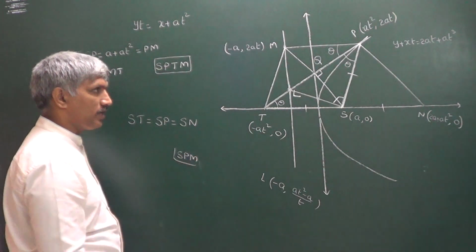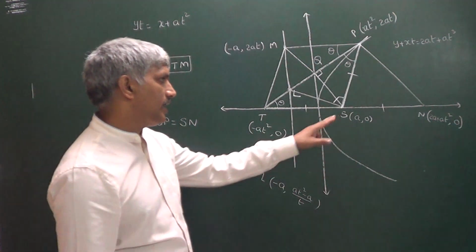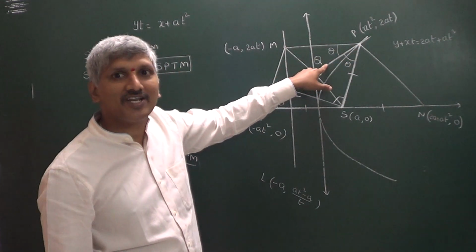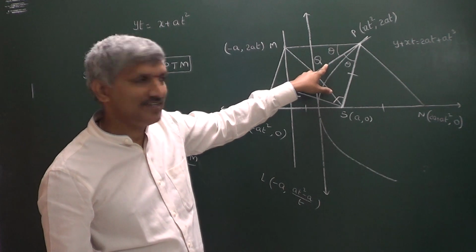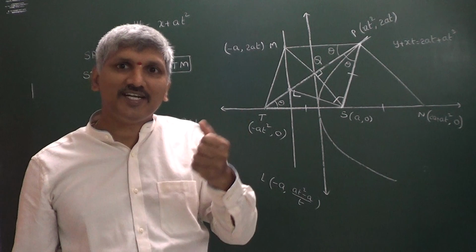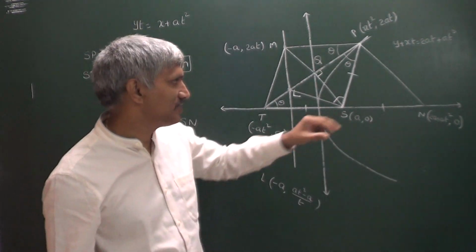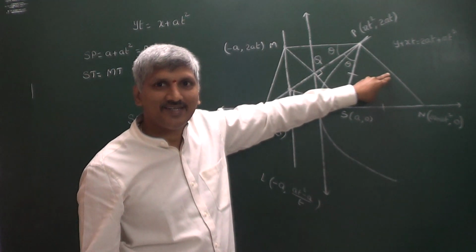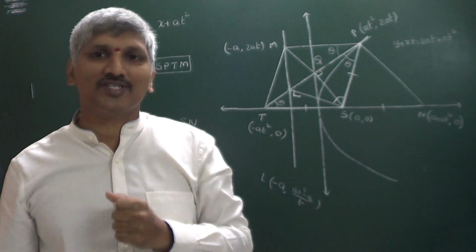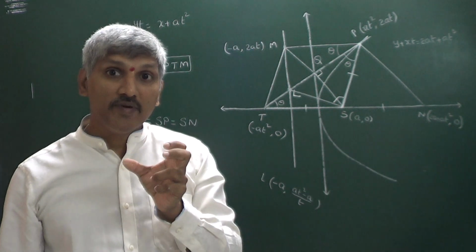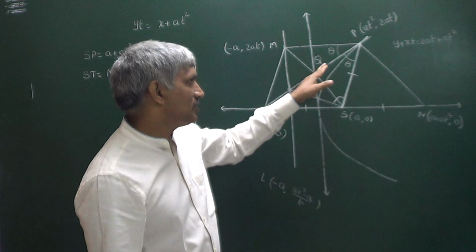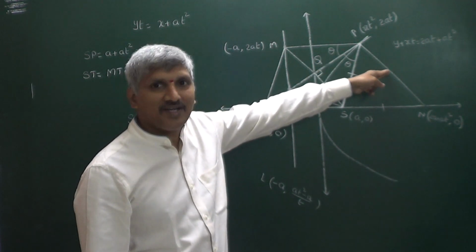Observe angle SPM. For the angle SPM, tangent is the internal angle bisector. Tangent is the internal angle bisector. Whenever tangent is the internal angle bisector, what about the normal? Because angle between angle bisectors is always 90 degrees. Angle between angle bisectors is always 90 degrees, which means this is a tangent, this is a normal.